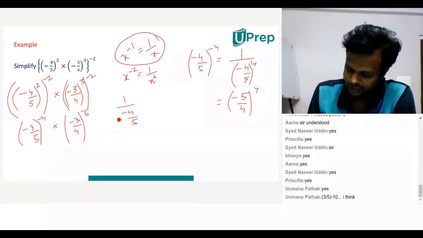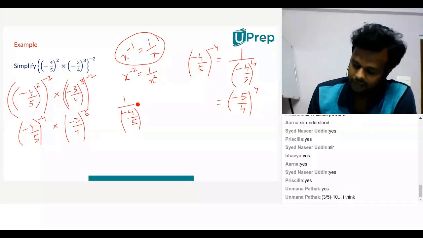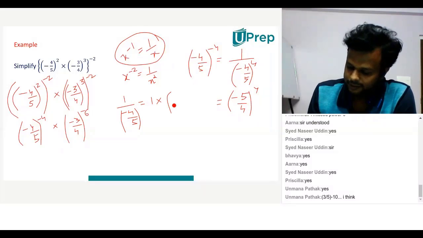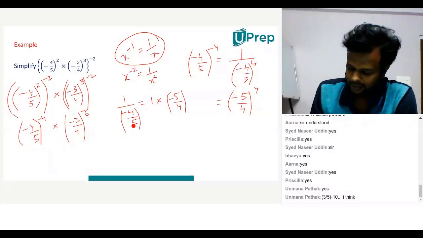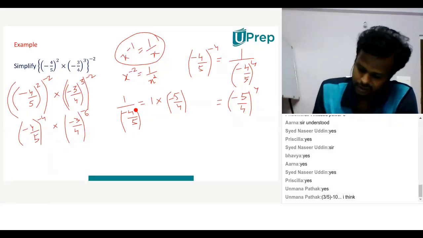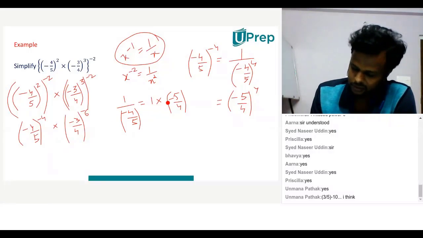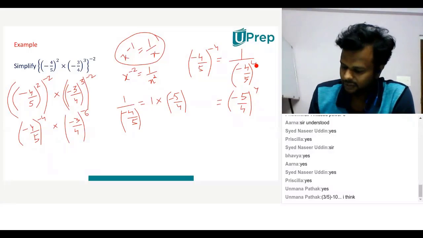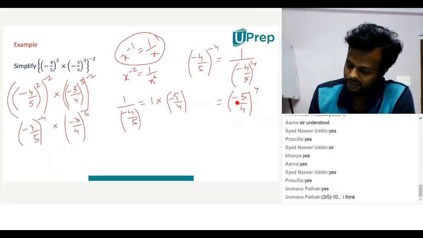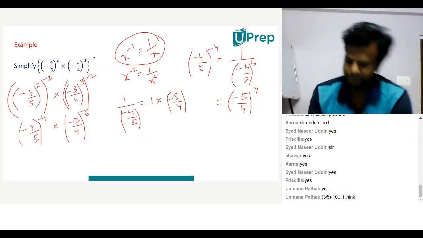I have 1 divided by minus 4 by 5. When this minus 4 by 5 goes up, it becomes 1 into minus 5 by 4. So because I have minus 4 by 5 whole power 4 in the denominator, when it goes up, it becomes minus 5 by 4 whole power 4.